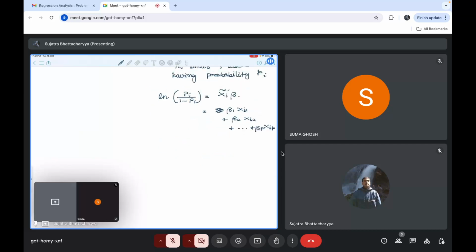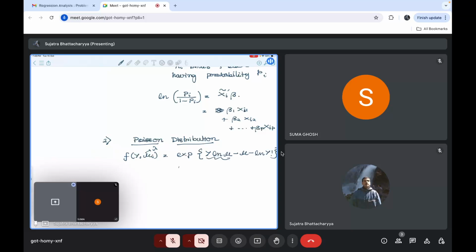Similarly, let us look at the Poisson distribution for the second case. As we know, this mu i is actually lambda; we have defined it as lambda. So we can write this as y log of mu minus mu minus log of y factorial.